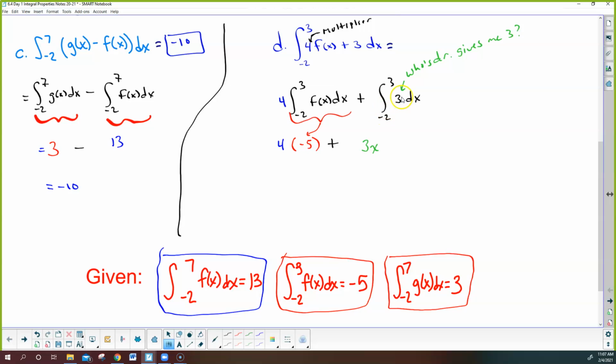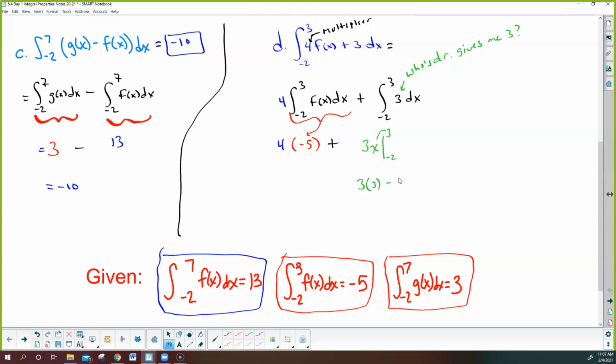This symbol for integral means take the antiderivative. Once you have it, that symbol, the integral symbol, is no longer there. But we do have to still evaluate the bounds. So this line is kind of what the dx is. It's evaluating from the upper bound minus the lower bound. So now I'm going to take the antiderivative of 3x, and I'm going to plug in 3 first.